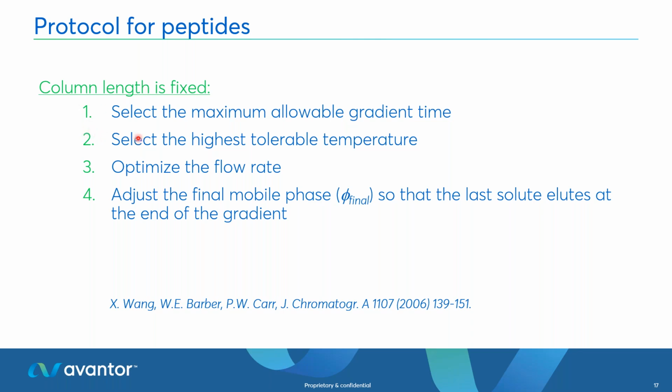So the first decision you want to make is selecting the maximum allowable gradient time. While it seems very trivial on the screen right now, I do want you to take a bit more responsibility with this decision. Please have a discussion with your laboratory manager and the other members that use the system you want to use for your sequence and your project.